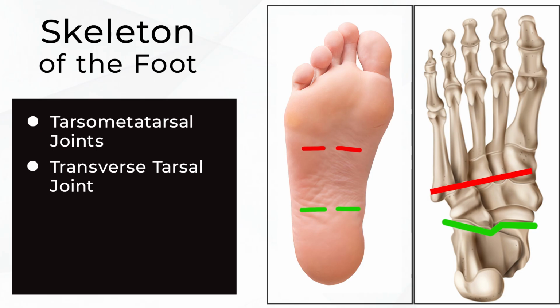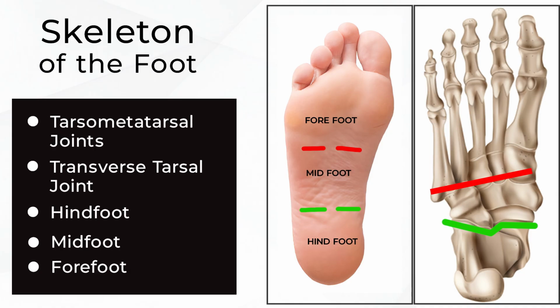Thus, we have the hind foot formed by the talus and the calcaneus, the midfoot formed by the five mid-tarsals, the navicular, the cuboid, and the three cuneiforms, and the forefoot formed by the metatarsals and the phalanges. Let us now understand the bones and the joints in more detail.